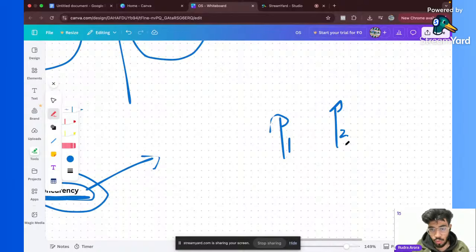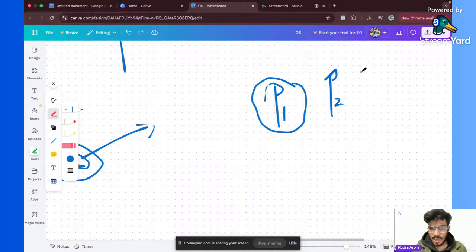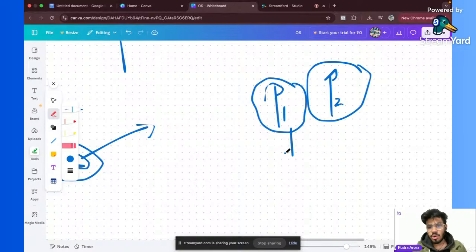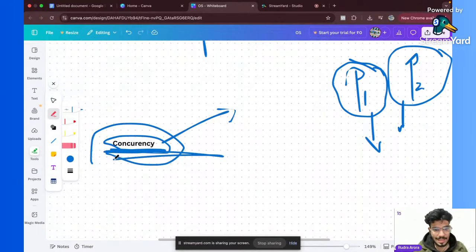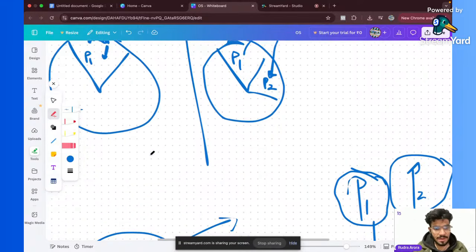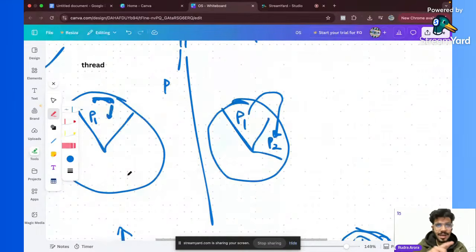You want that if P1 is independent of P2 and vice versa, they should be executed at the same time, because they are not interfering in each other's process. This phenomenon of execution of two independent processes is called concurrency. Concurrency is achieved in multi-threading, because when you make threads of a particular process, those threads are independent of each other.